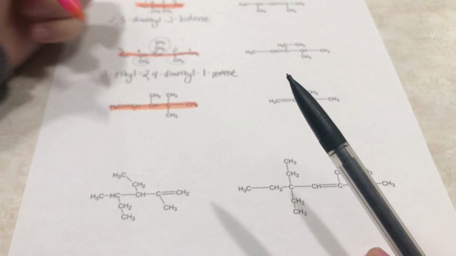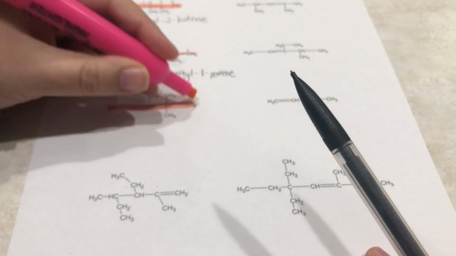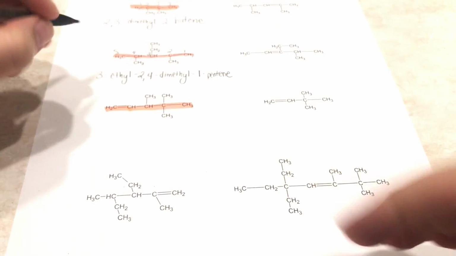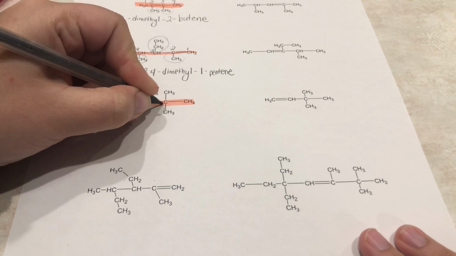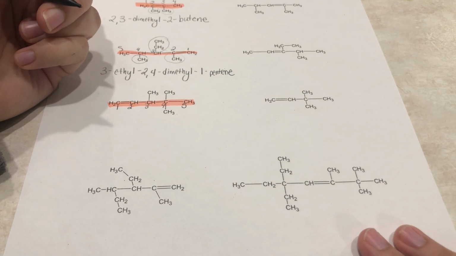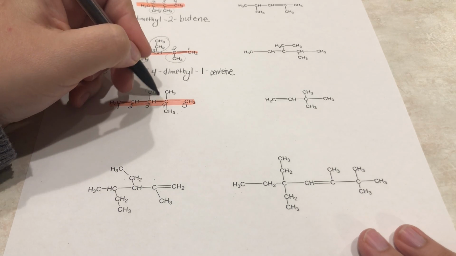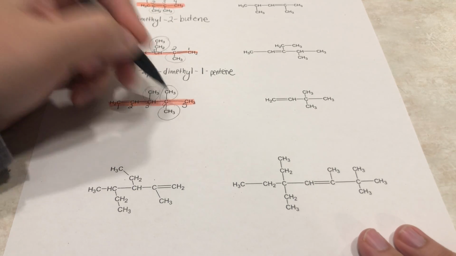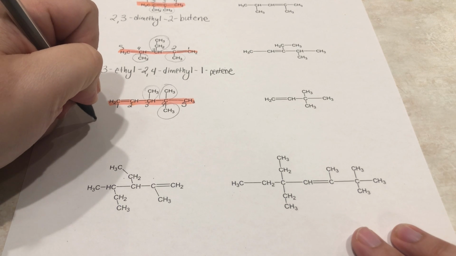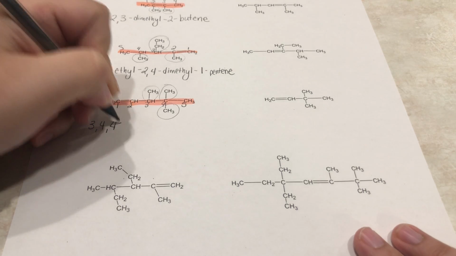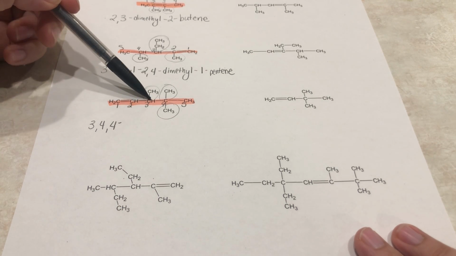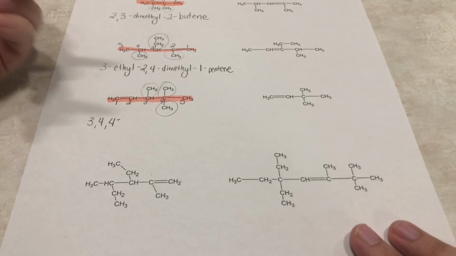2 more to practice. On this one, I'm going to go straight across here for my parent chain. I end up with 1, 2, 3, 4, 5. Number starting closest to the double bond, 1, 2, 3, 4, 5 carbons. I have a methyl group, a methyl group, a methyl group. So I have a 3, 4, 4: a group coming off the 3rd carbon and the 4th carbon and the 4th carbon.